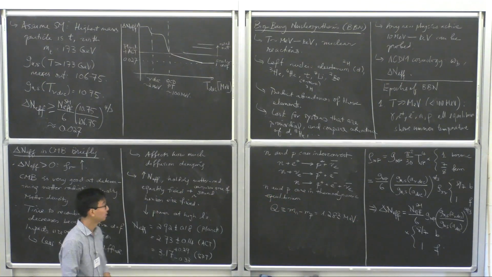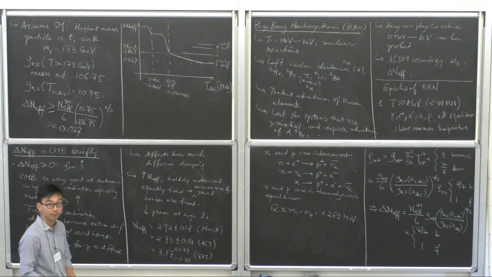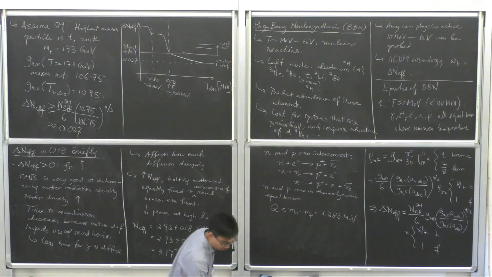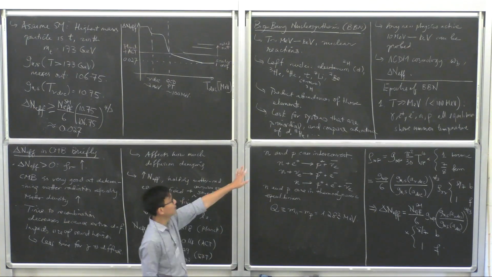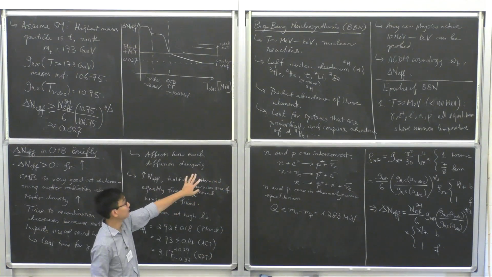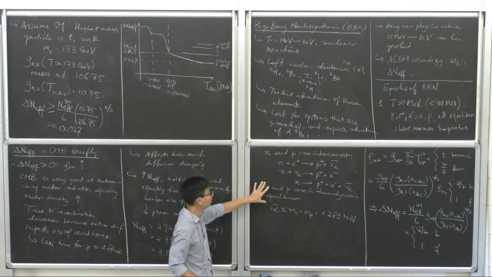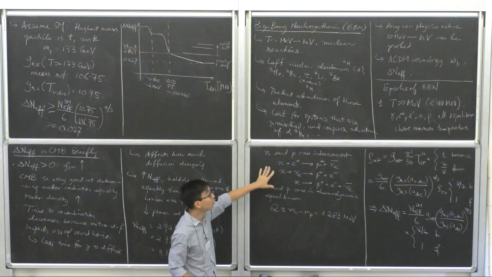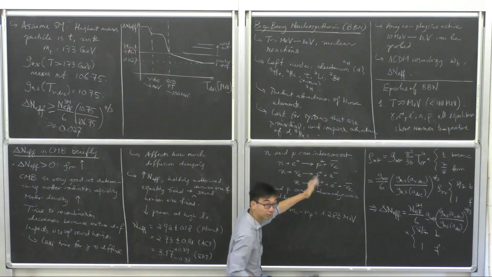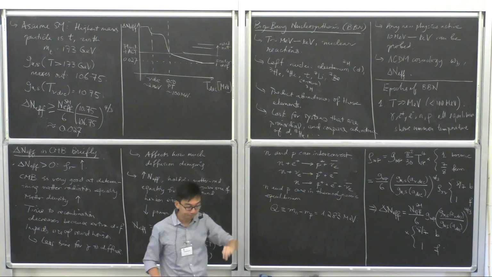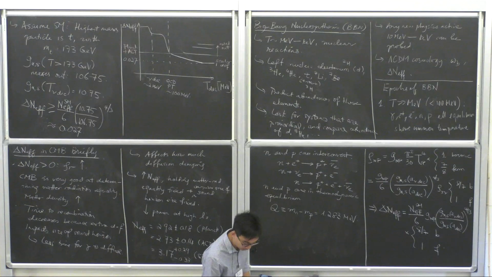So that's a number that you should keep in mind. So at early times, easy enough. Everything was in thermal equilibrium. Neutrons and protons are in thermodynamic equilibrium, so they not only share the same temperature, but they can interconvert very rapidly with each other. And so that's a nice, simple starting point.